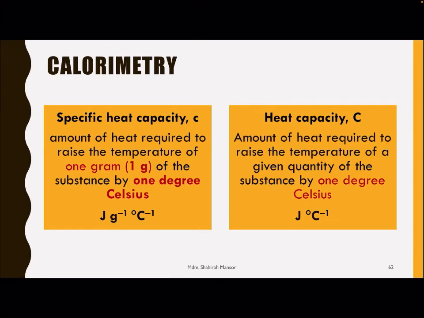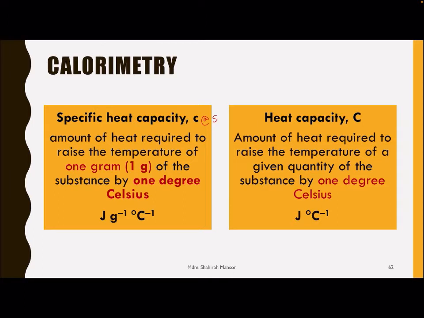Next we go to another concept of calorimetry, that is specific heat capacity, c, or sometimes we use the symbol s also, and heat capacity, which is capital C. What is specific heat capacity?